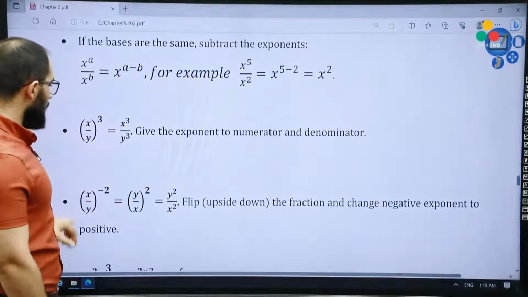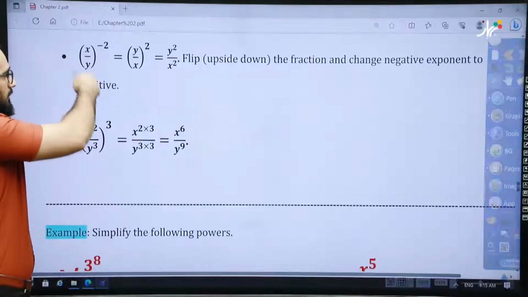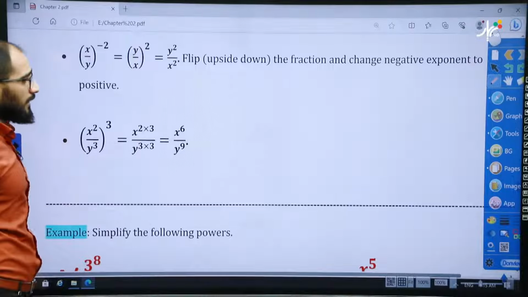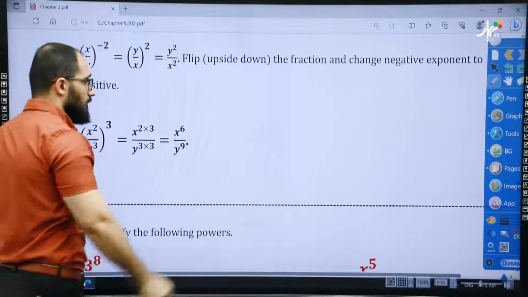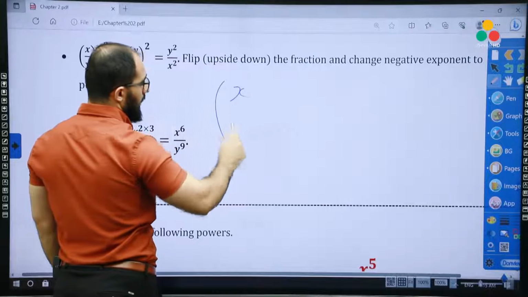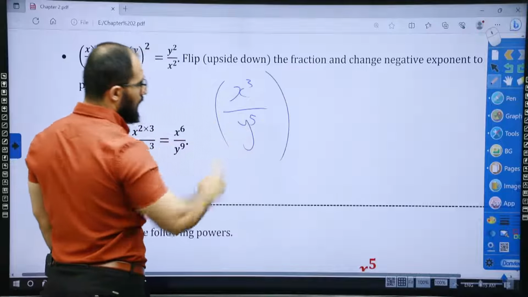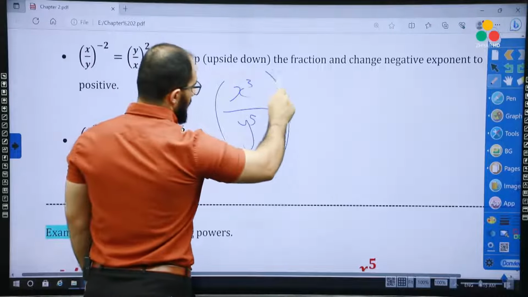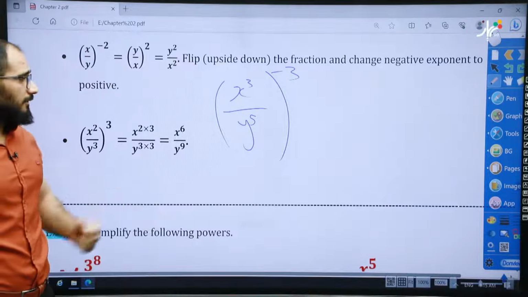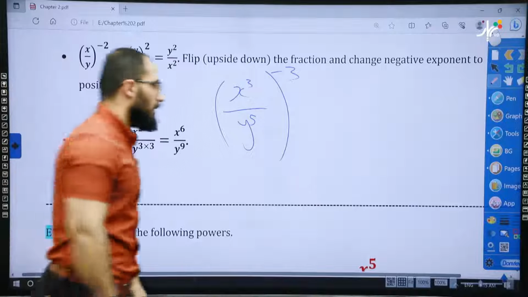The next rule: if you have the division of two numbers, variables, or anything with a negative power, for example x power 3 over y power 5 with negative 3, how can you simplify it? It's quite easy, only one step.